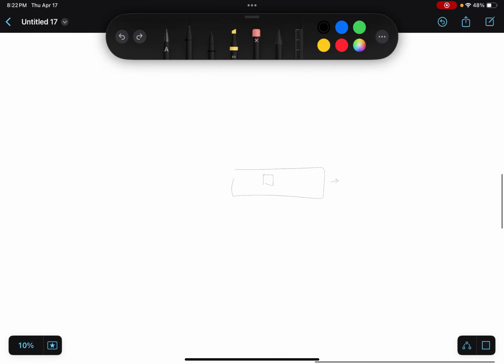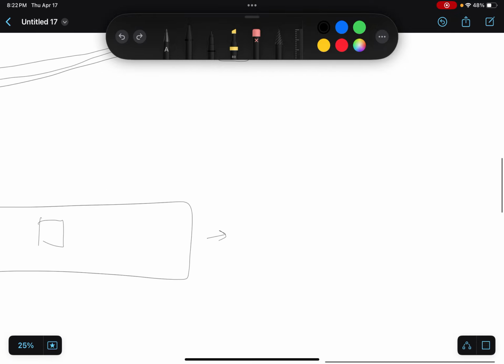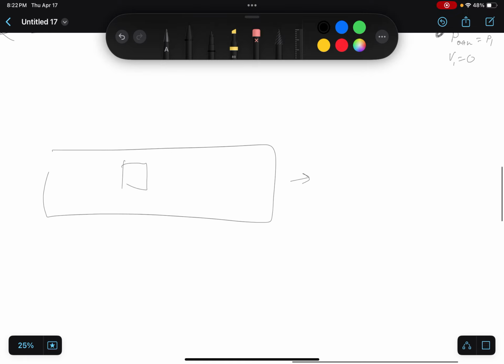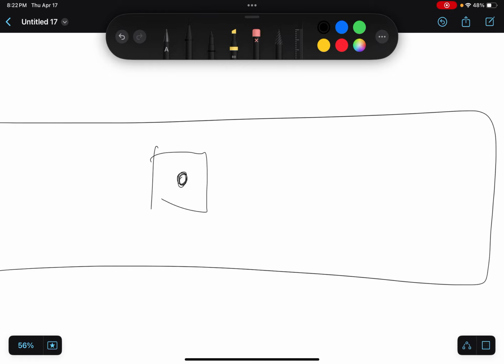So let's say point 1 is somewhere way off in the distance, and it has P atmosphere and a velocity equals 0. Yeah, because it's not moving, it's just air off in the distance. And then your point 2 is air that's right next to your car. Let's actually say it's right on your window, like it's flowing by your window.